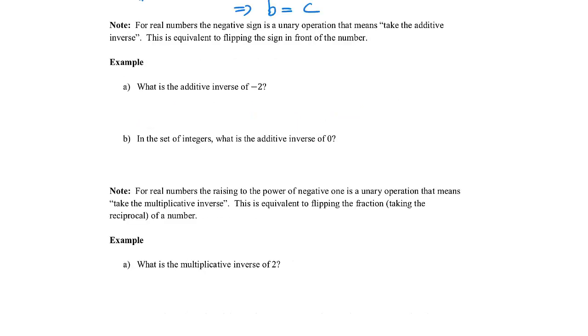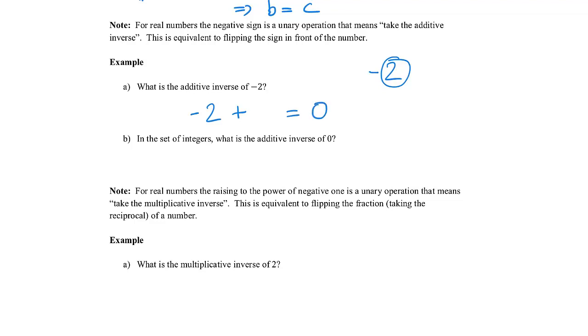Okay, let's discuss additive inverses and multiplicative inverses. The sign that we use to take the additive inverse is a dash, or -2. It means take the additive inverse of 2. So what is the additive inverse of -2? We would be searching for the way to get back to the identity through addition.